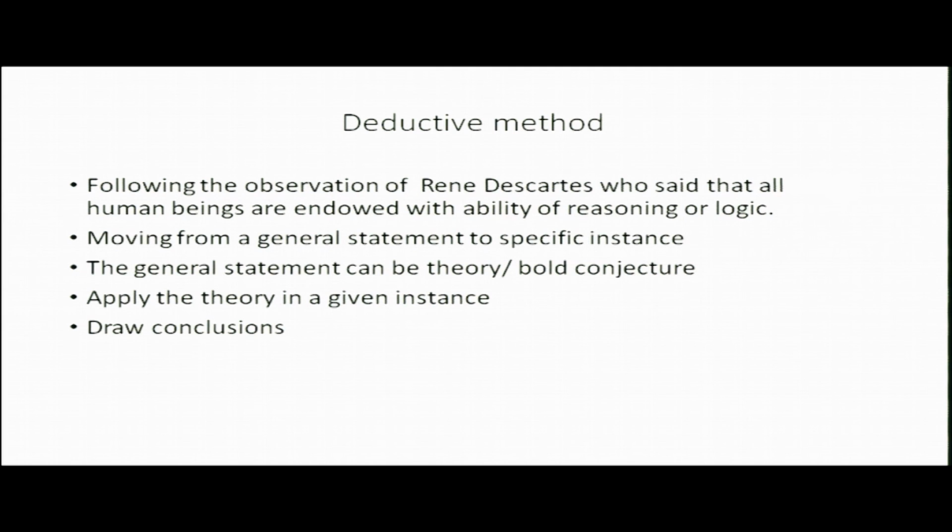The deductive method follows the observations of René Descartes, which I mentioned earlier, who said that all human beings are endowed with the ability of reasoning or logic. It moves from a general statement to a specific instance. The general statement can be a theory or a bold conjecture. Then we apply the theory in a given context, in a given instance, and then draw conclusions on the basis of our general statement and the instance where we apply this.